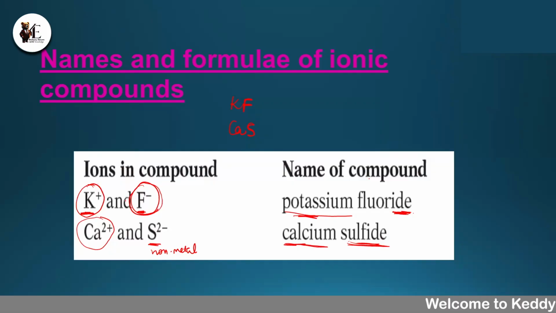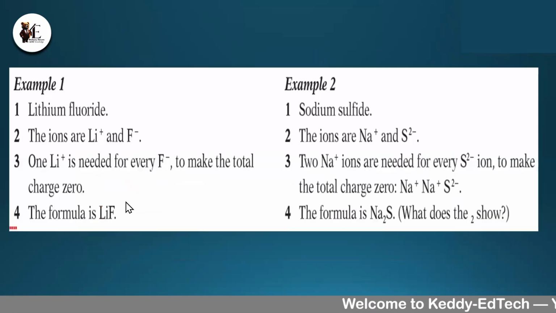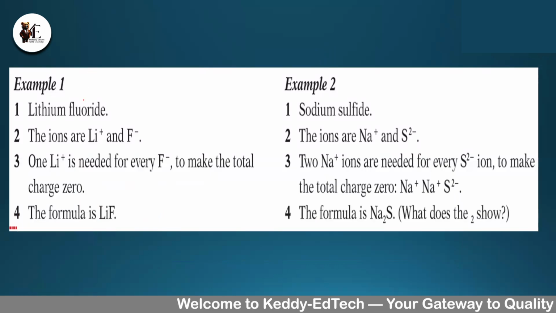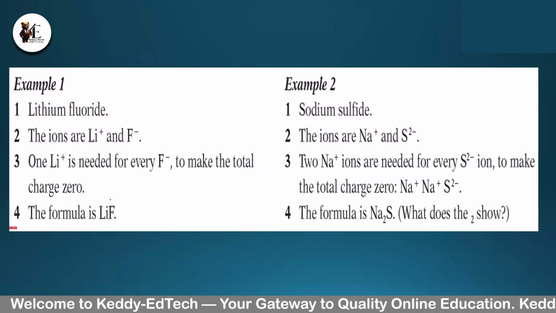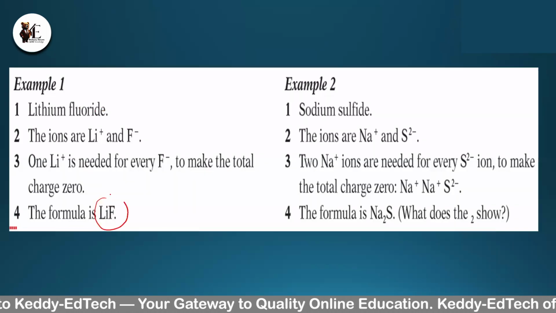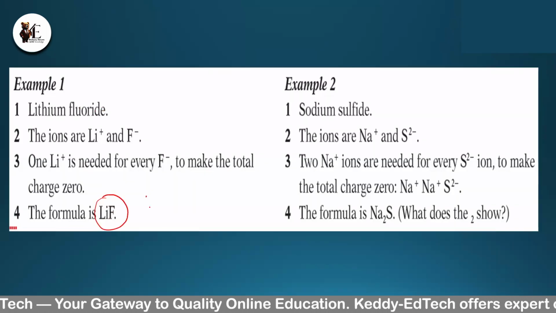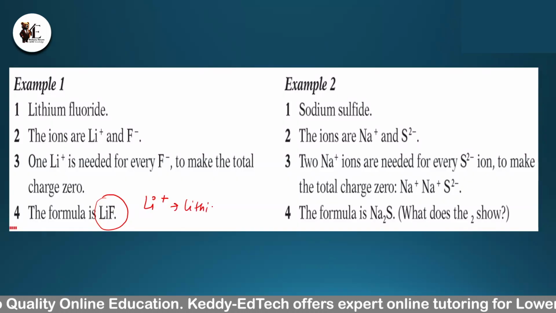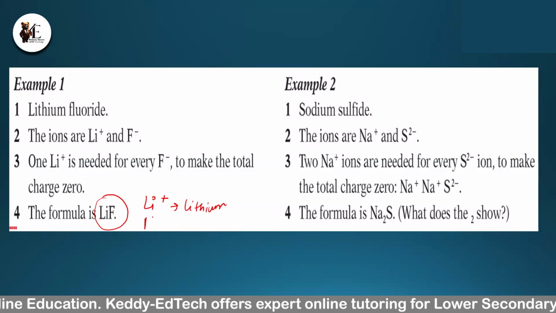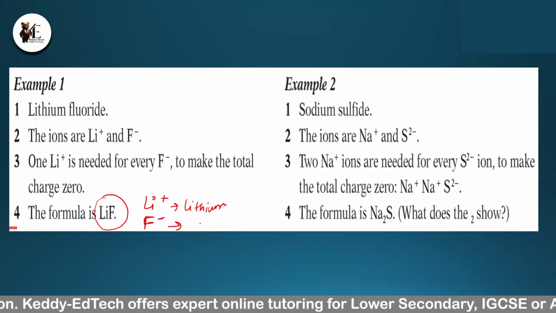Okay, I'm done. This is another example of how to write the name of an ionic compound. If it is LiF, then what is its name? The positive part, lithium, remains as it is. It is lithium. And the negative ion is F minus. So it is what?